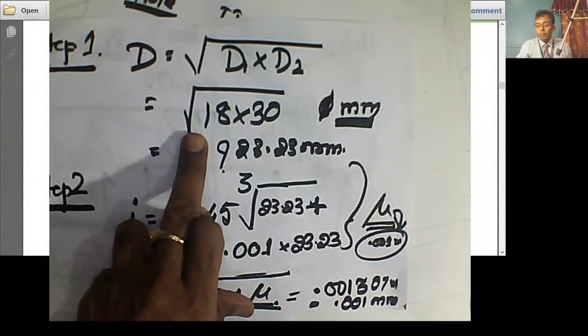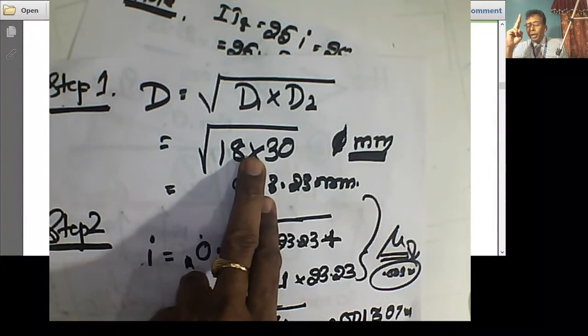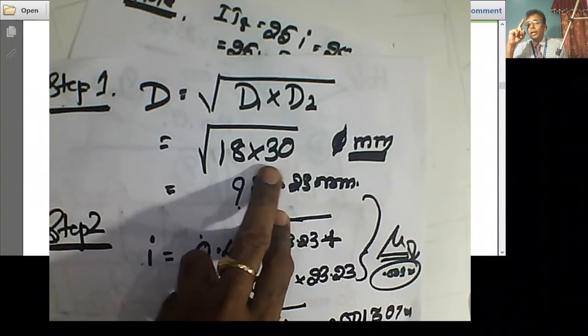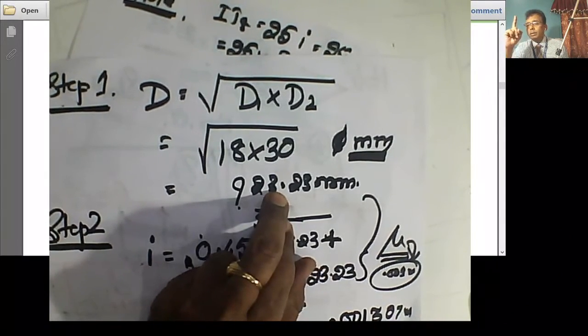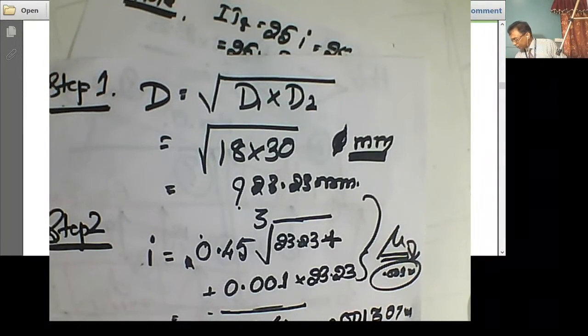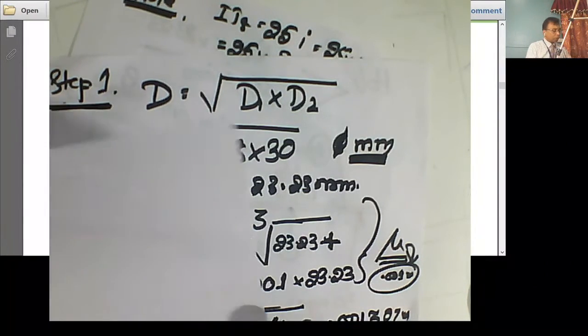Look at this part. Here, D has to be substituted for finding out the nominal diameter. Both are in millimeters. So 18 into 30. The answer you get here is in millimeters. No change. This number is fixed, 23.23. It is in millimeters. Keep that in mind. I will write it on a separate piece of paper. Let me clarify the doubt regarding units.